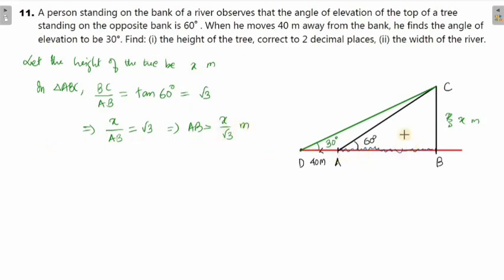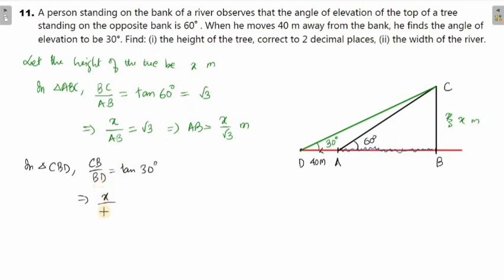Now similarly, in triangle CBD, CB by BD is also tan theta, that is tan 30 degrees. Now CB is known, CB is x.